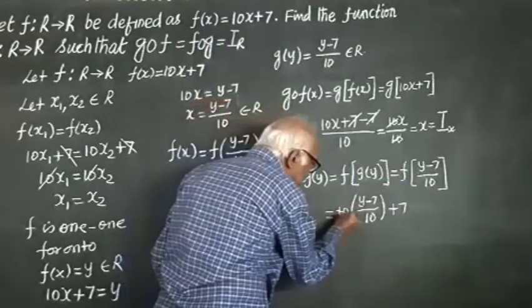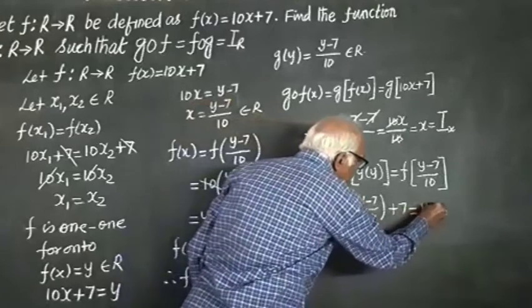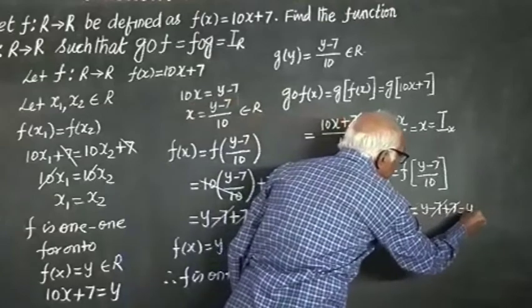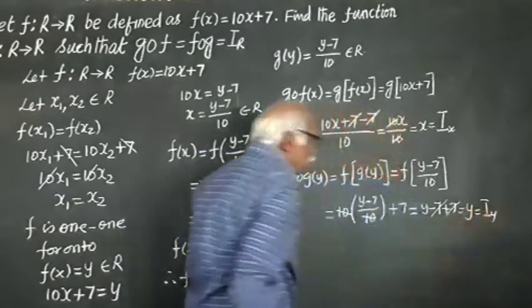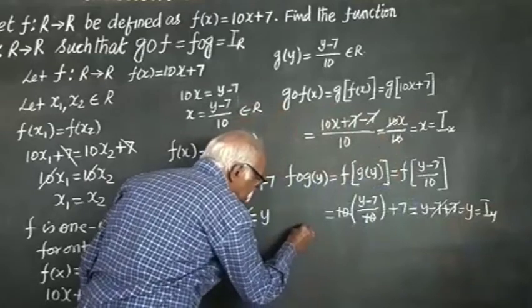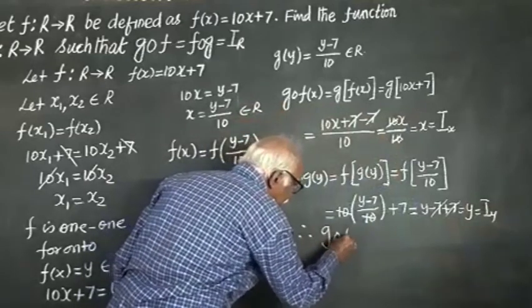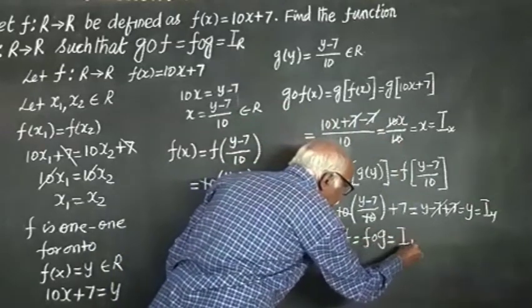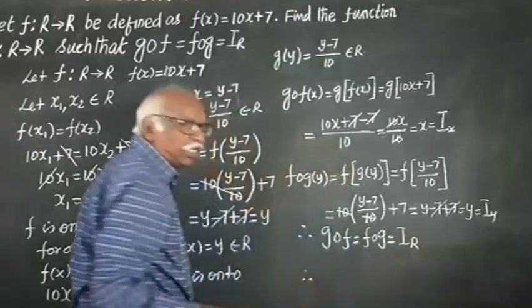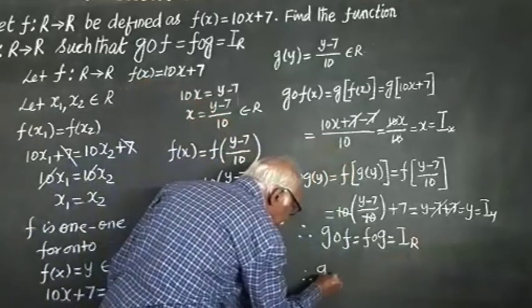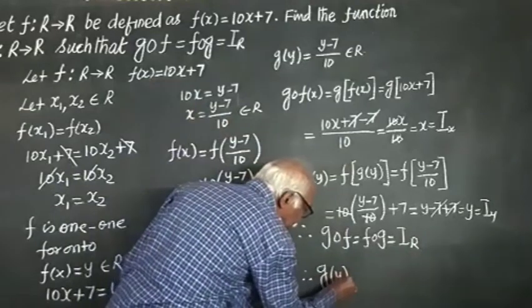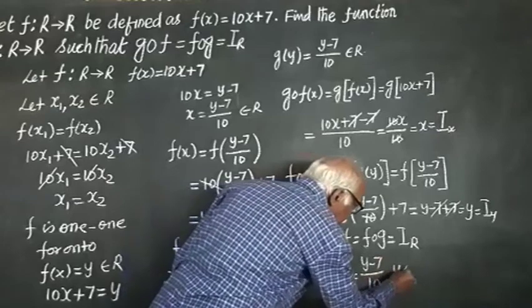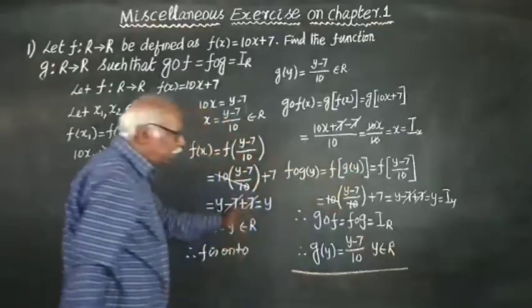Now this 10 cancels, giving y - 7 + 7; minus 7 and plus 7 cancel, which equals y, that is I_Y. Therefore, g∘f = f∘g = I_R. Therefore, the required function g is g(y) = (y - 7)/10, where y belongs to R. That is the required function.